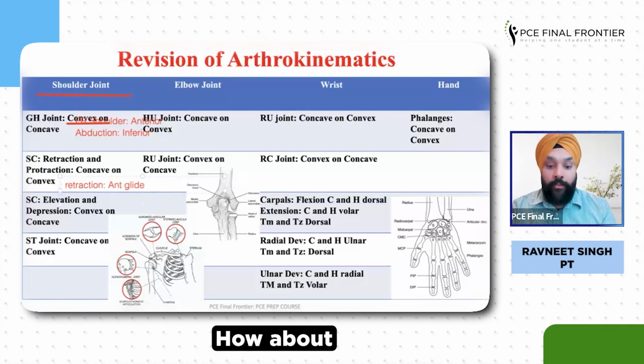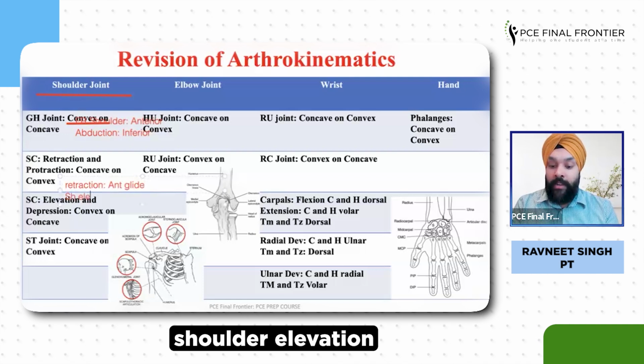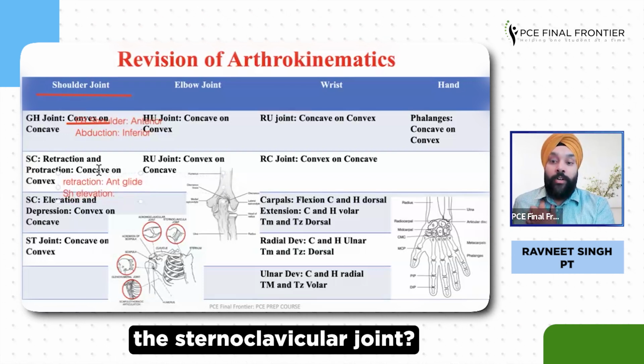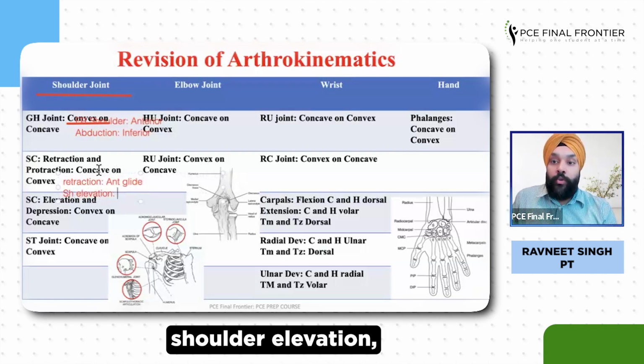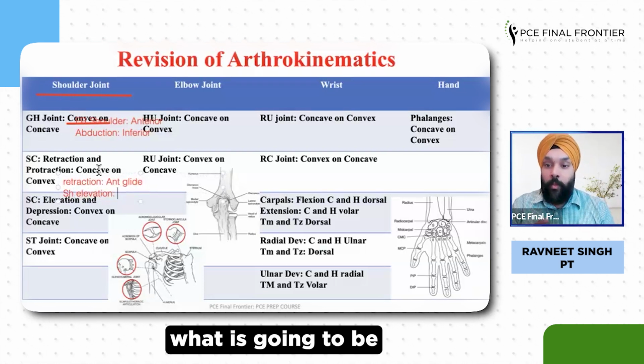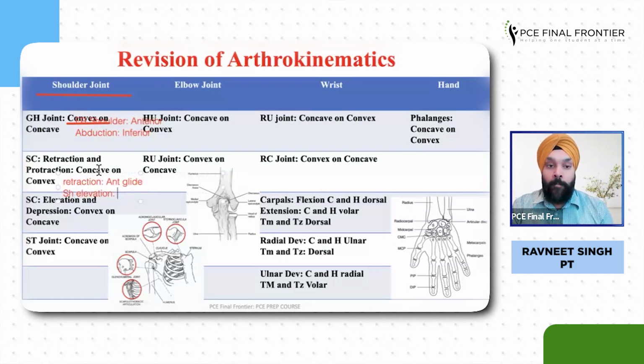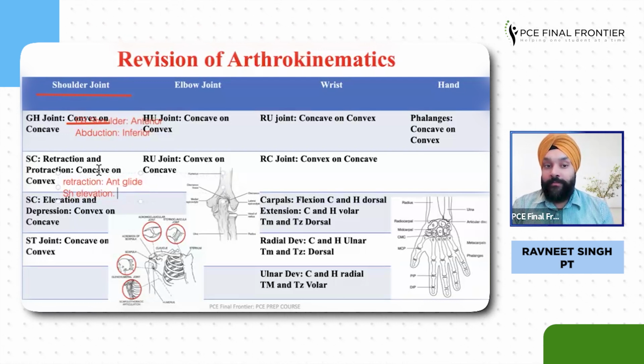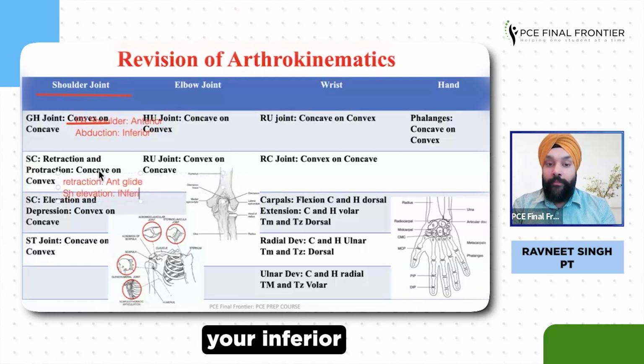Very good. How about if I'm trying to improve shoulder elevation by mobilizing the sternoclavicular joint? What is going to be my glide? That's going to be your inferior glide.